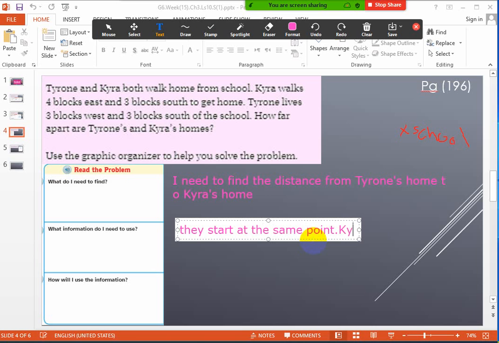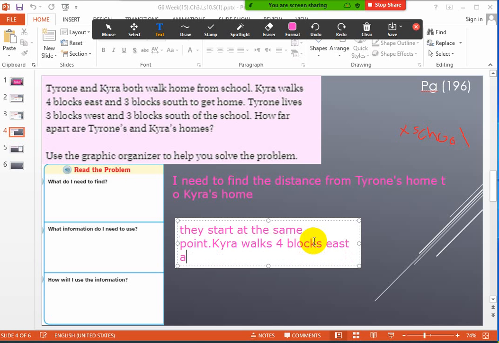Kyra walks 4 blocks east and 3 blocks south.